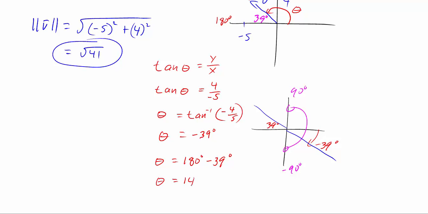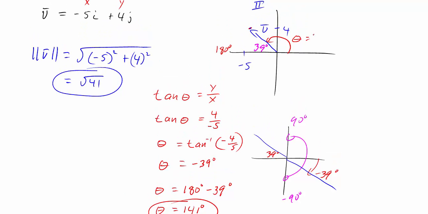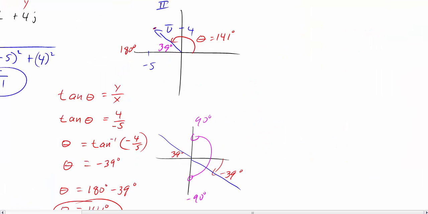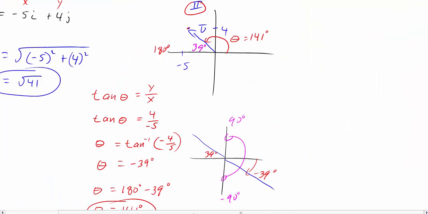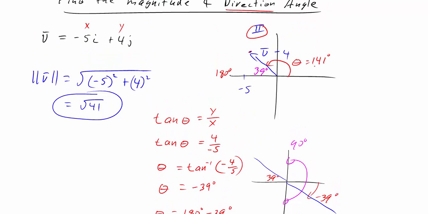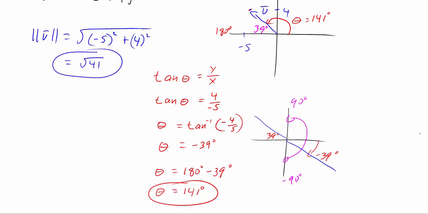So this is going to be our direction angle, because theta here is going around 141 degrees, which would put us in the second quadrant. So clearly the angle is not a negative 39, and the angle should be 141. This is one case where you have to be careful. You can't just automatically plug this into the calculator or into the formula and assume that negative 39 degrees is going to be your answer.